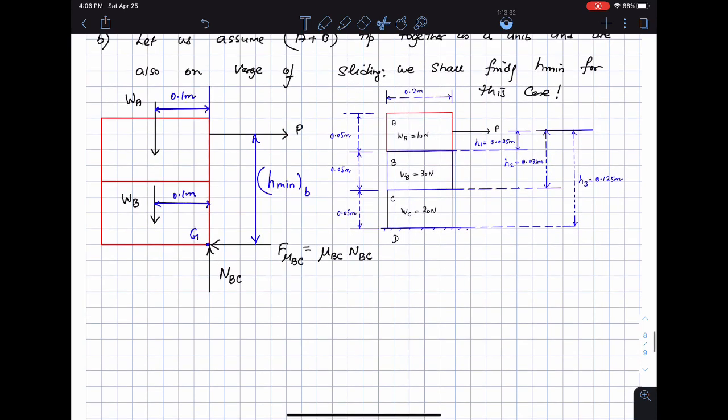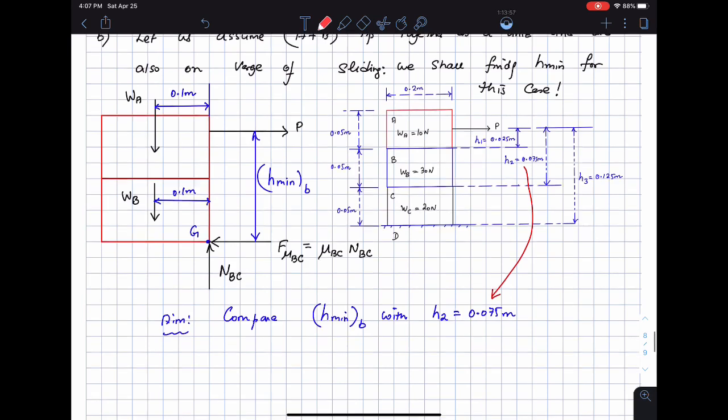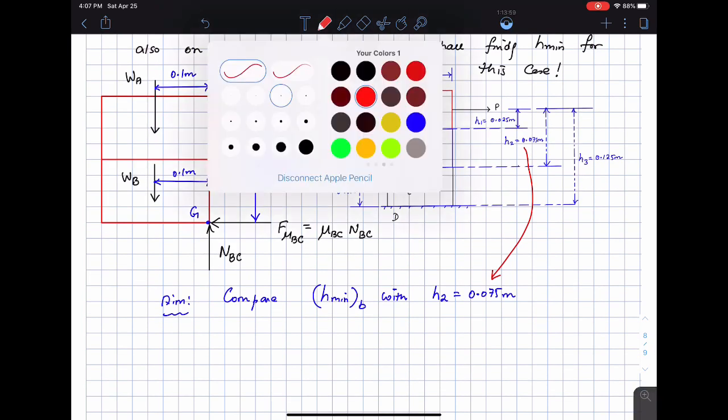And my aim is the following. So, aim: compare H minimum B with H2, which is equal to 0.075 meters. That is this height here. We are on the verge of tipping and we are on the verge of sliding.